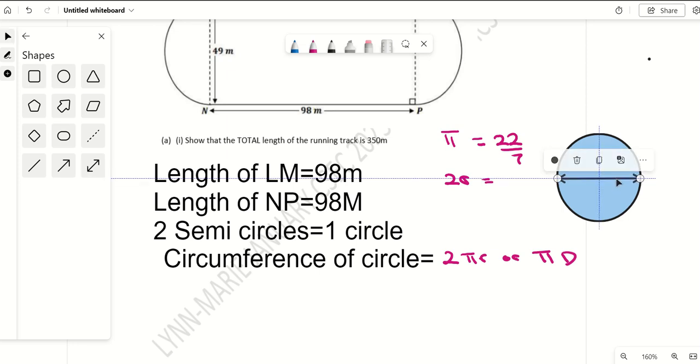Going through the center of a circle is known as your diameter. So let's say this is the center of the circle. It must be going through the center. So your diameter is from one side of a circle going through the center to meet another side of the circle.